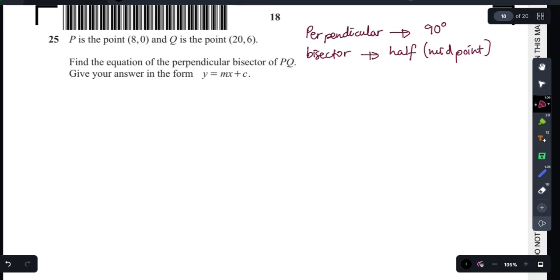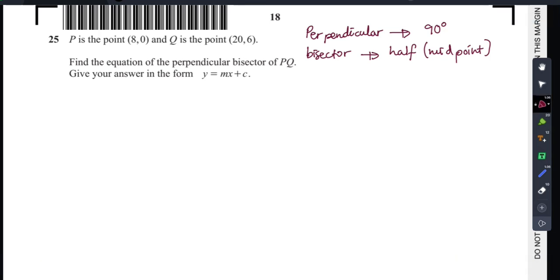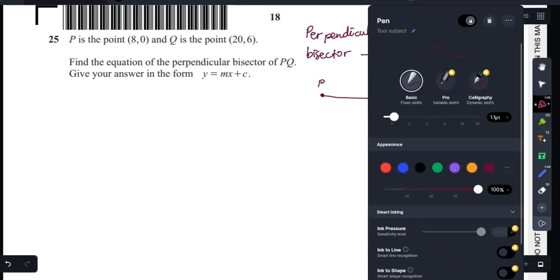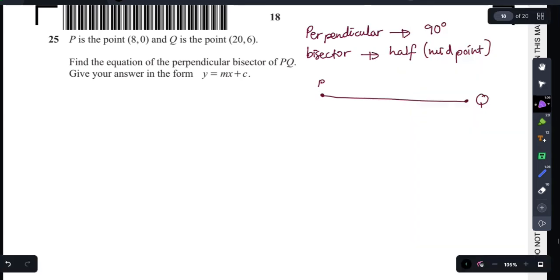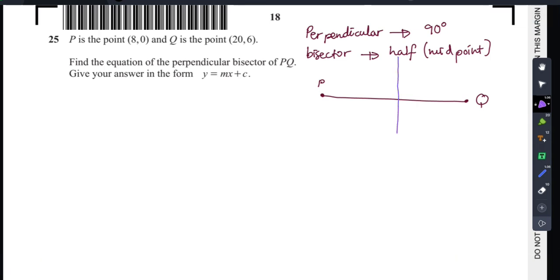So when two lines are perpendicular, this is what we're talking about. Let's assume this is PQ, this is point P and this is point Q. A line which is perpendicular to this one is at 90 degrees there, and this point is the midpoint.